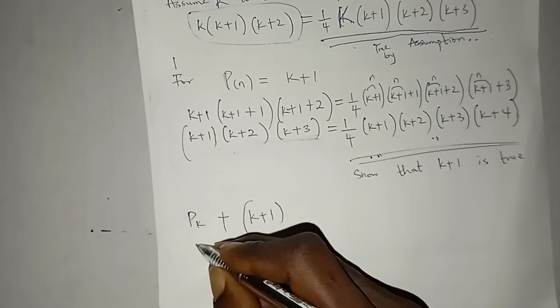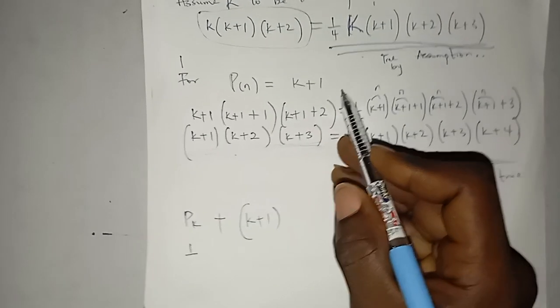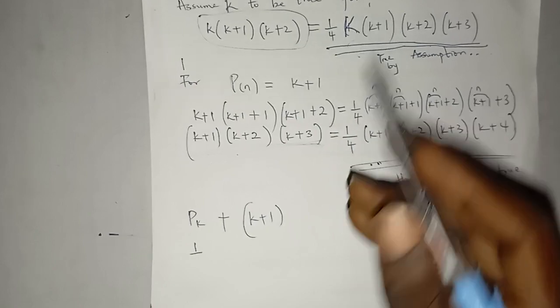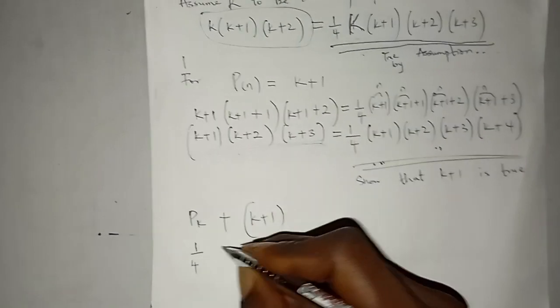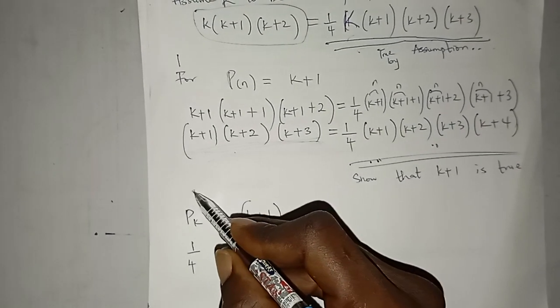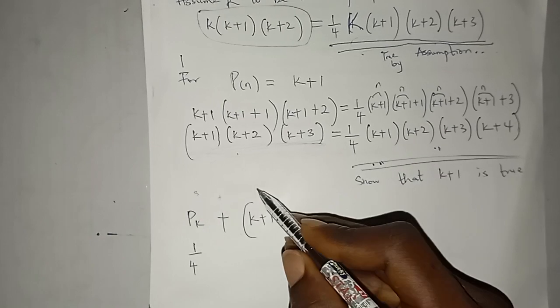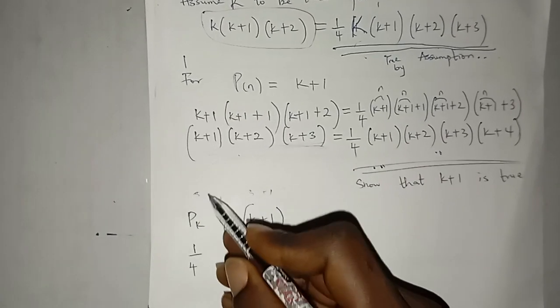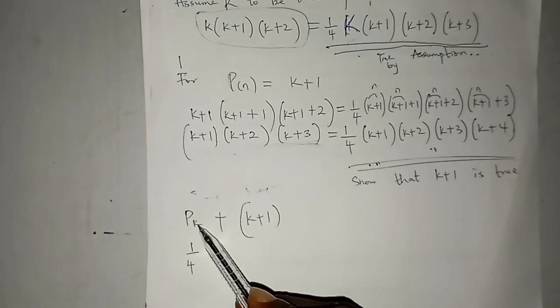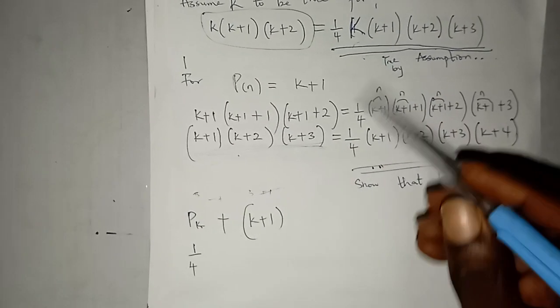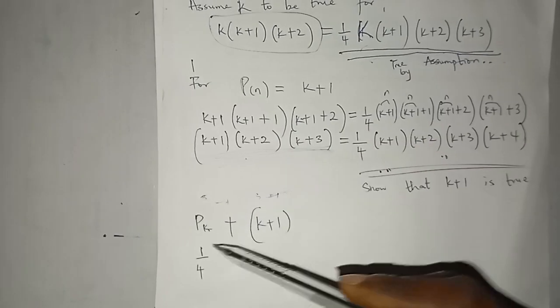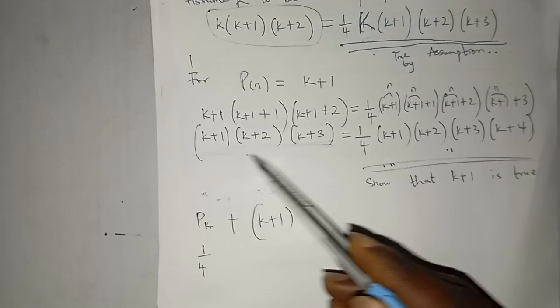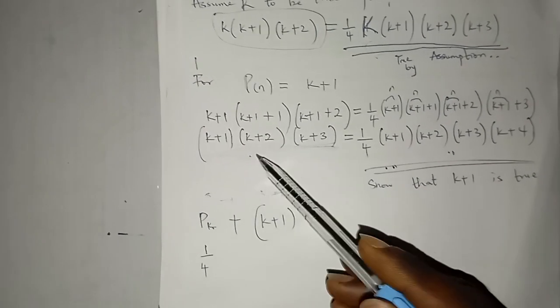I'll have P of k, which is this 1/4. Remember I told you if I have 3, I have plus 3 plus 1, which is 4, equals to the next term. So for that reason, if I get P of k, I will do P of k come down, then I'll do the thing I use to get the next term.